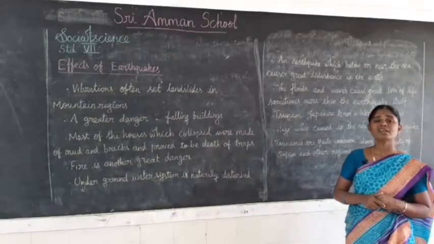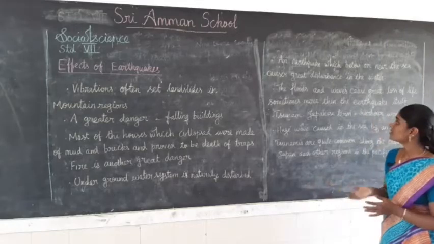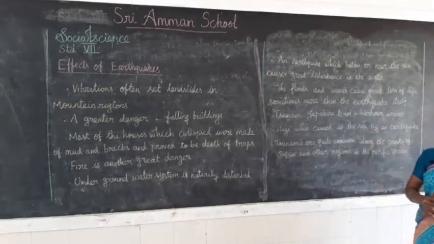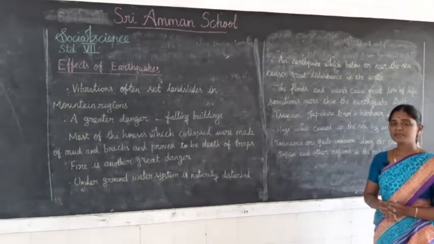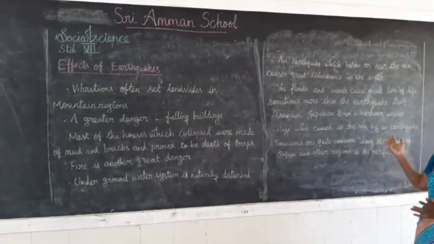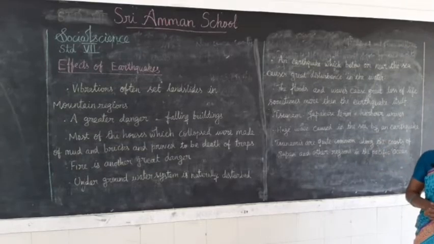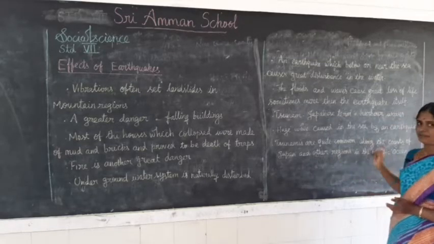It destroys life and property on a huge level, sometimes more than the earthquakes. Tsunami is a Japanese term. It means harbor waves, the huge waves caused in the sea by an earthquake. Tsunamis are quite common along the coast of Japan and other regions in the Pacific Ocean.